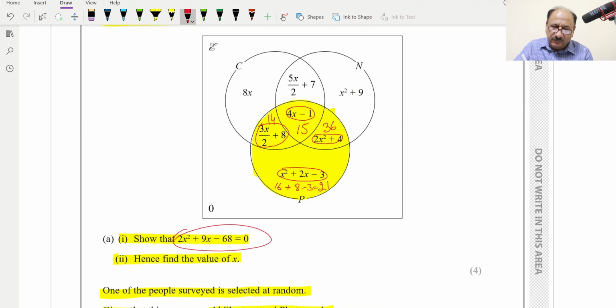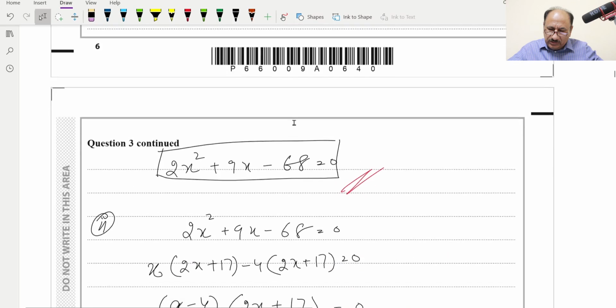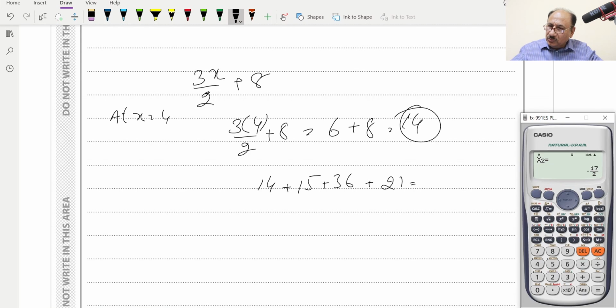So we have four values basically: 14 plus 15 plus 36, and last value is 21. So these four values will be equal to what?